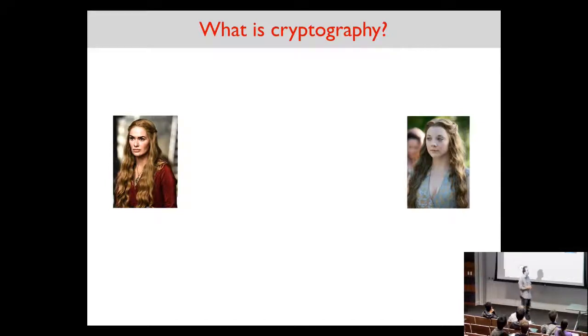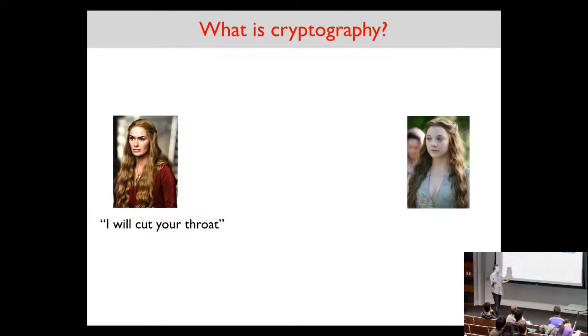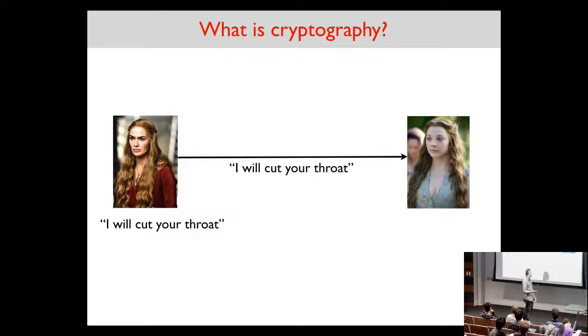She wants to tell her in secret. It took her some time to say it, but yeah, so she wants to say this. She could, of course, and we're assuming they're not physically together, they're far apart, so she has to communicate this somehow through some channel.